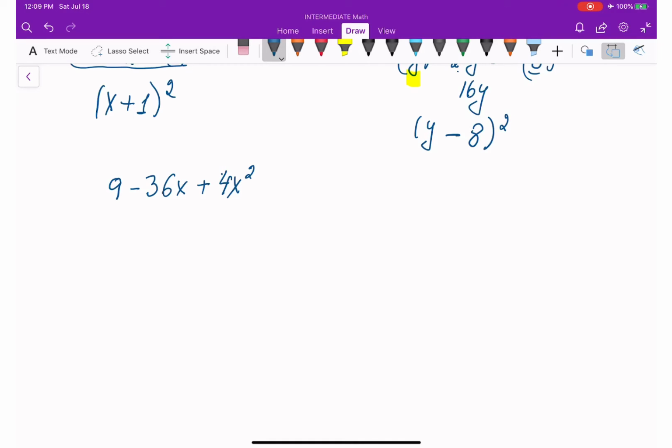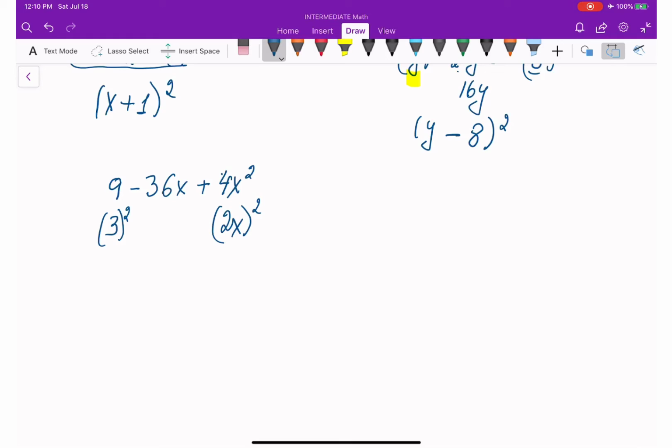So the first term, what do we have? 9, right? Let me see if I can represent it in the format of a number squared. It's going to be 3 to power 2. 4x squared is going to be 2x to power 2, right?